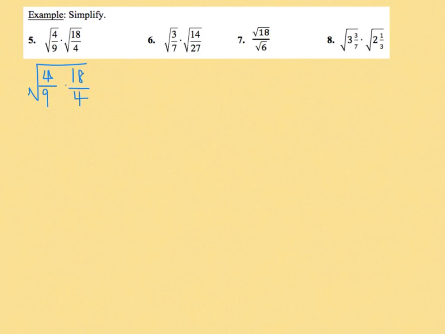You can now use your knowledge of fractions to help you simplify this product. 4 divided by 4 gives you 1, so these cancel out. And 18 and 9 are both divisible by 9. So 18 divided by 9 is 2, 9 divided by 9 is 1. So the answer for this will be just square root of 2.